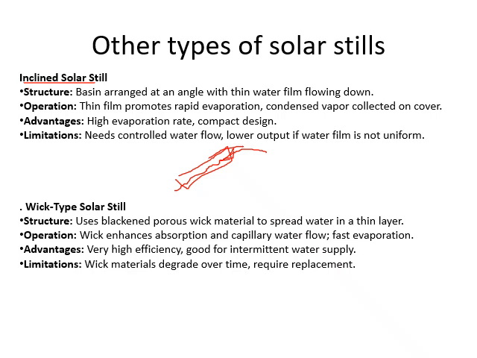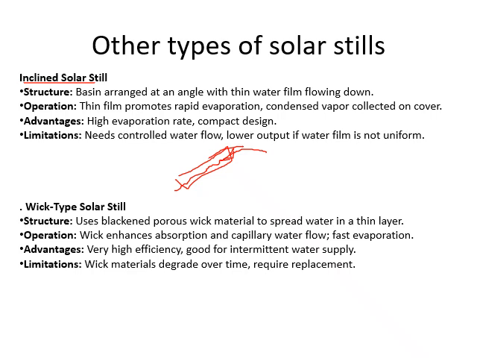Another one is the wick type solar still. Wick is a kind of cotton material. This uses a porous wick material to spread the water in a thin layer. Usually they are black in color. Cotton usually will soak and absorb water.